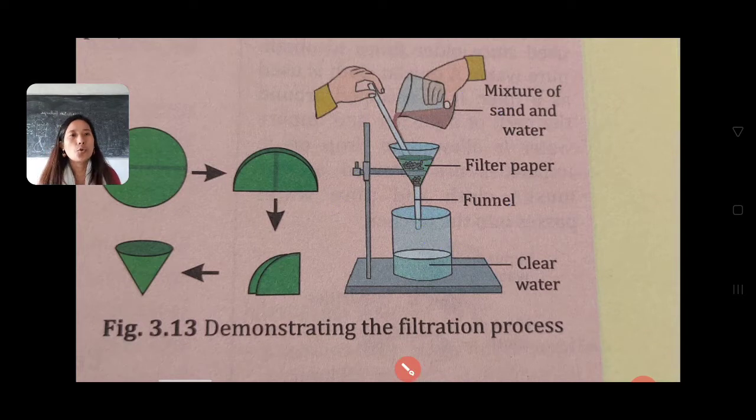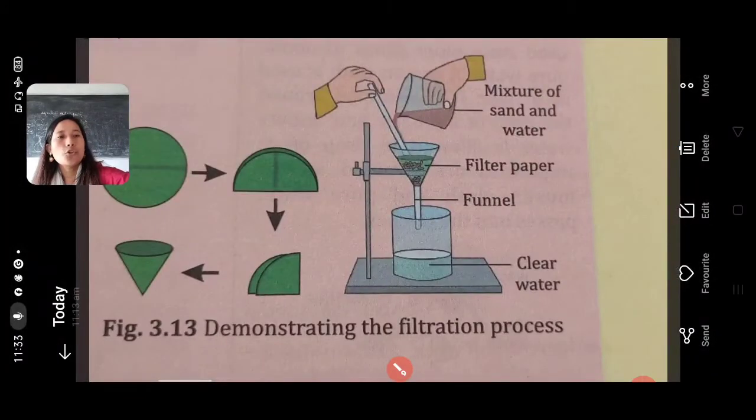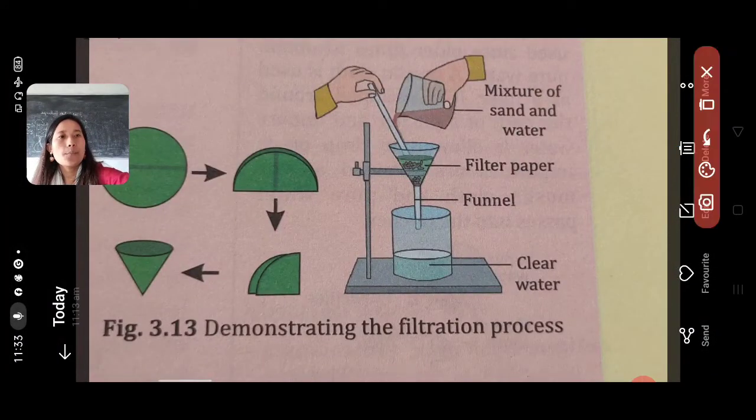You will keep the funnel on a tripod stand, and inside that funnel you will place a filter paper. I hope you all have seen a filter paper, right? Filter papers are semi-permeable, they allow certain things to enter.